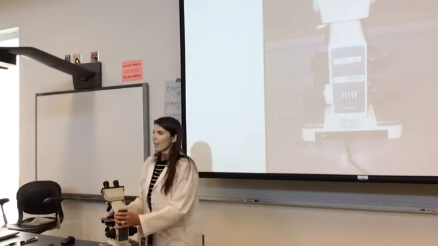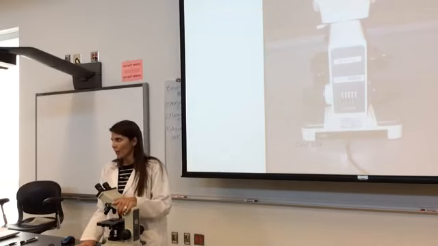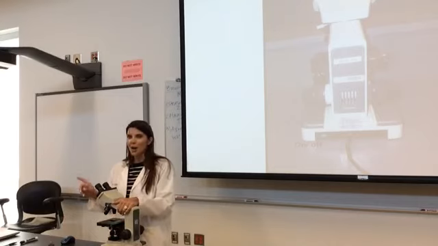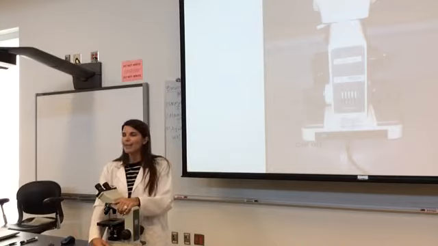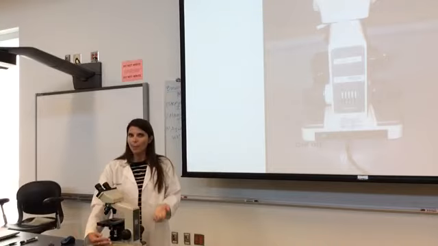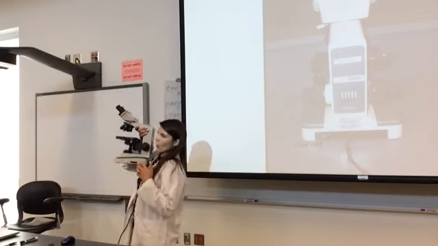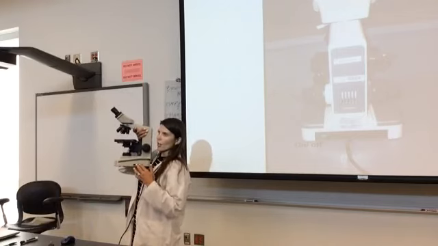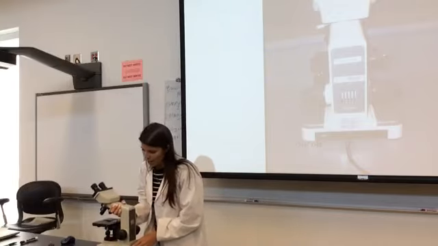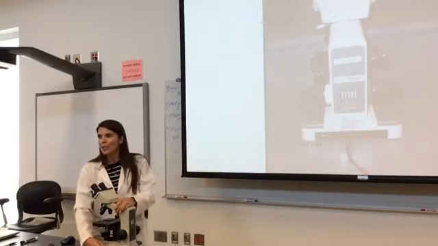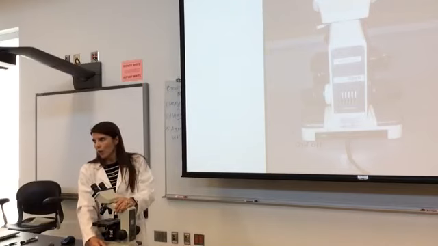The next complaint I hear is, I've plugged it in, and I've turned it on, and the light doesn't work. This is broken. It is not broken. On the right side of your microscope, at the bottom, there is a structure called a rheostat, R-H-E-O-S-T-A-T, and it controls the amount of light that is used with your microscope.